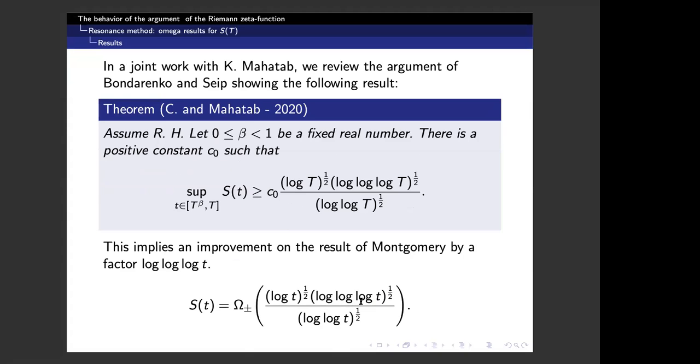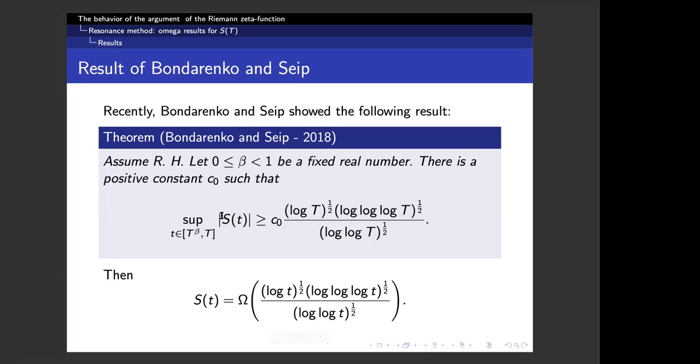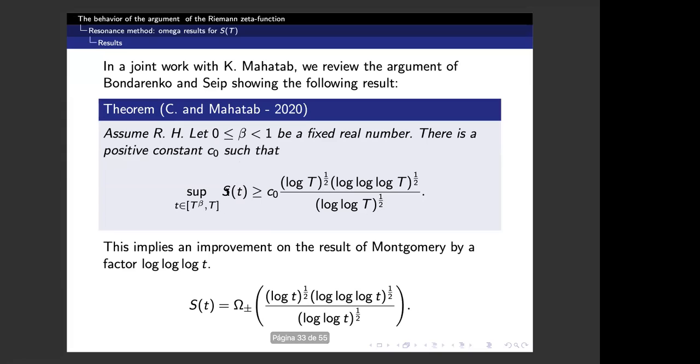Recently, now we can remove these absolute values here, and now we can prove this result. Similar to the result of Bondarenko and Seip, but now without the absolute values. I forgot something here.